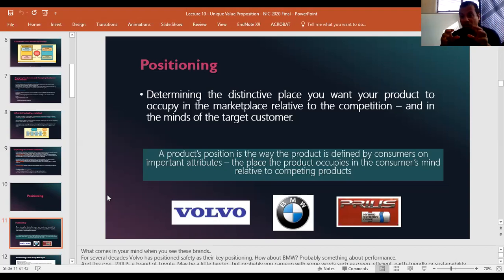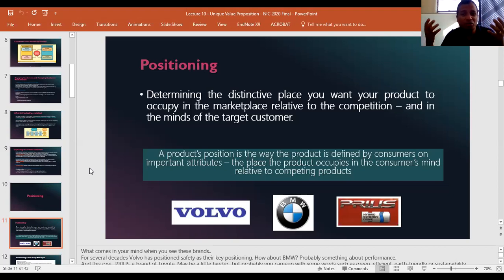Probably some combination of words like eco-friendly, or sustainability, maybe more efficient. Those words come to your mind when you see this brand, right? I'm talking about positioning, how these three firms have positioned themselves in the mind of the customer.